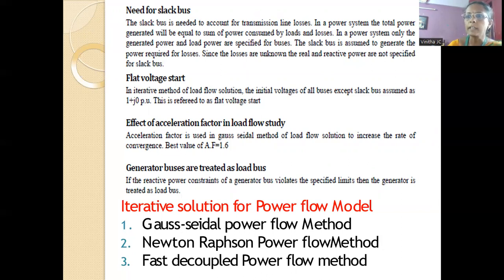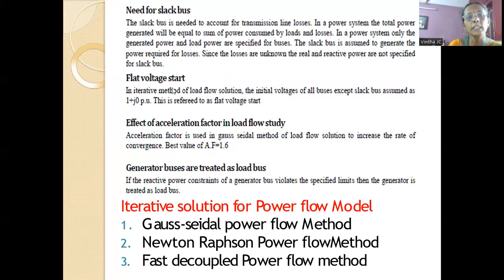In a power system, the sum of the power generated is equal to the sum of the load power plus the transmission line losses. From this expression, we can calculate the transmission line losses: from the total power generated, if we subtract the load demand, we get the transmission line losses. So only to calculate the transmission line losses, the slack bus is included.